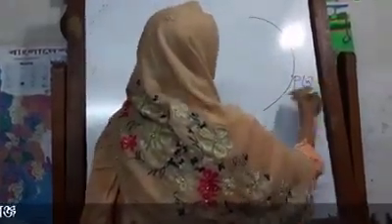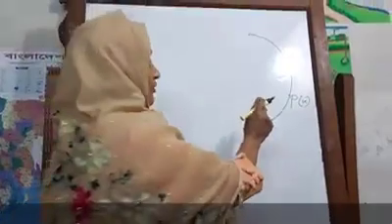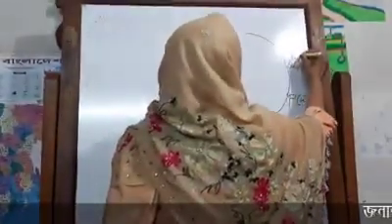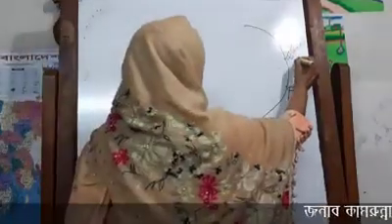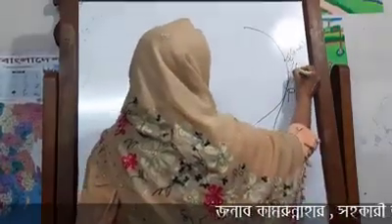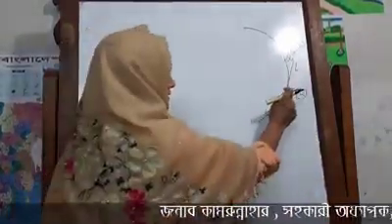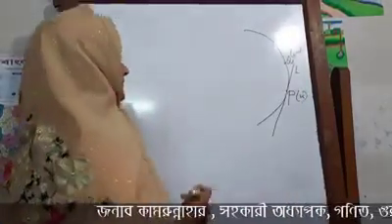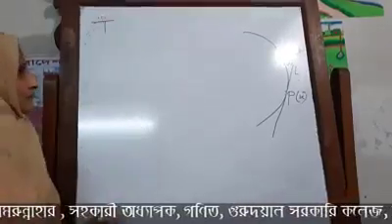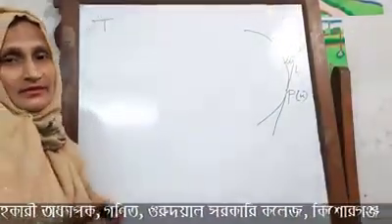P is a point on the curve, and Q is a neighboring point, u plus δu. A straight line L is passing through the point P. Now, I will define the tangent line to a curve.